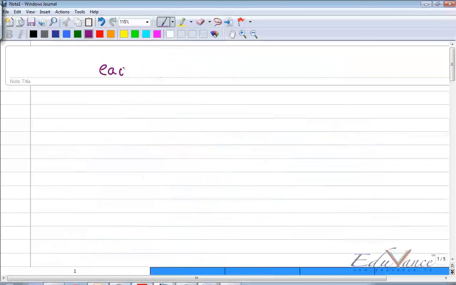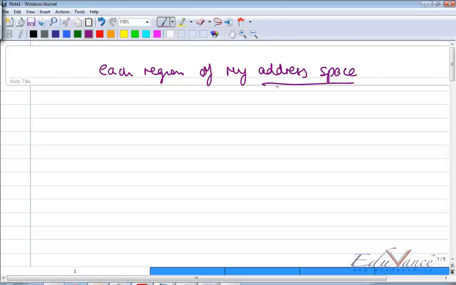It means each region of my address space, which we just discussed a couple of minutes ago, is allotted to a particular functionality.